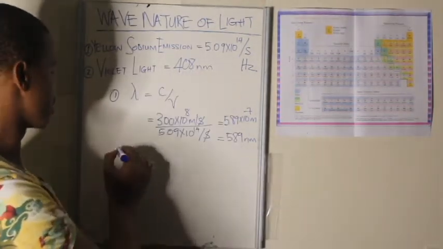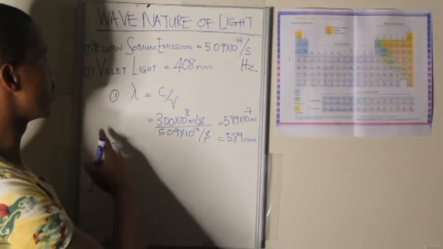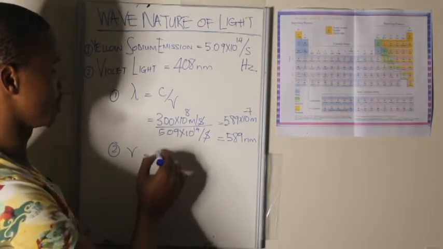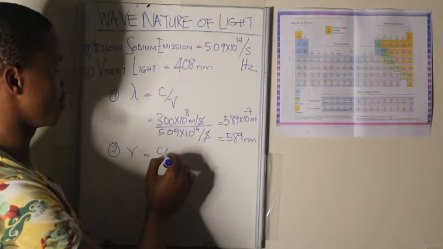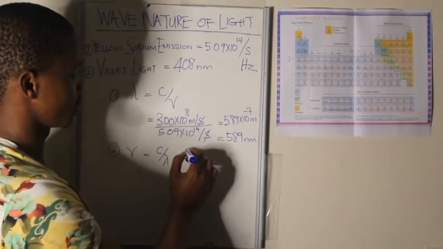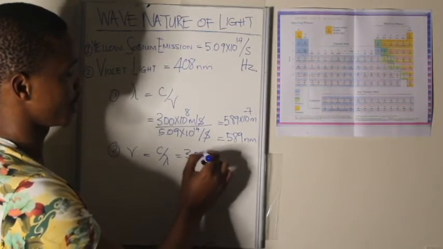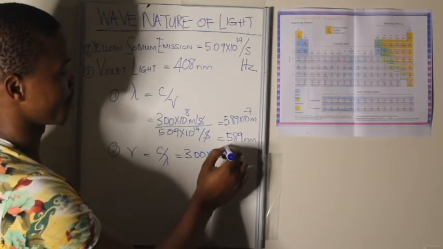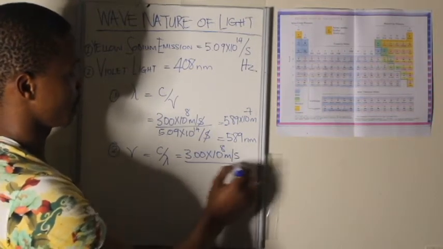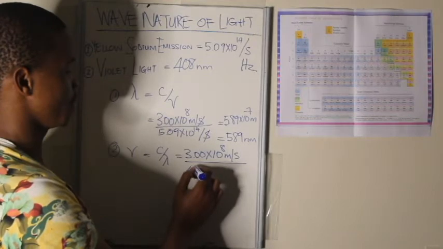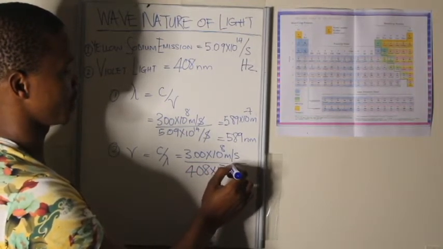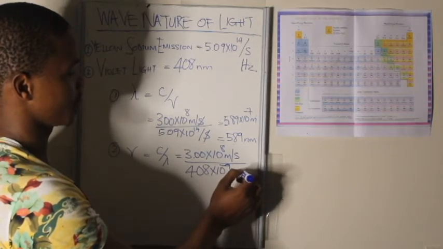Then for your number 2, your violet color, we are looking for your frequency, which would be your C over lambda. So 3.00 times 10 to the power 8 meters per second divided by 408 times 10 to the negative 9 meters.